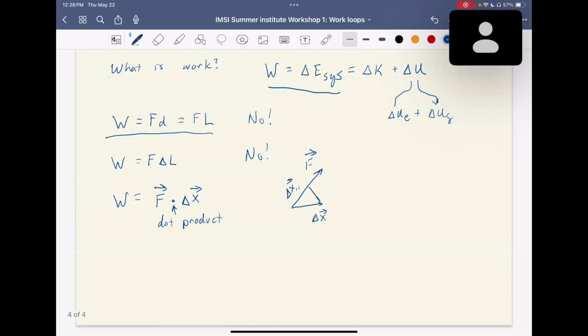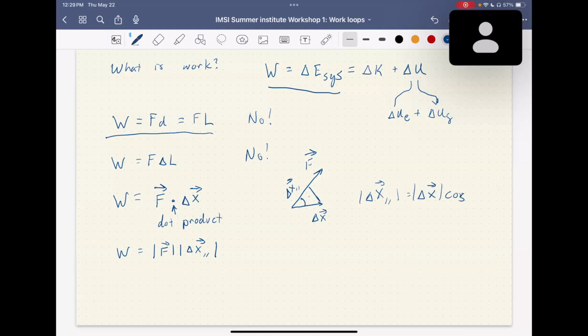So we can calculate W as the magnitude of F times the magnitude of delta x in the direction that's parallel to F. Well, delta x parallel is going to be equal to delta x times the cosine of the angle between these, right?